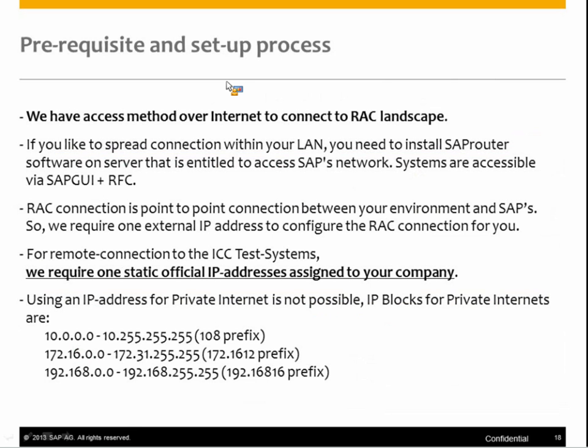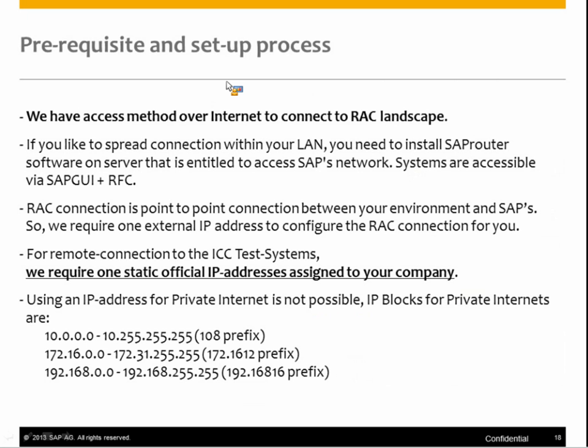So that means you will access the SAP RAC landscape directly from your network. For that, we need a static official IP address assigned to your company. It must be within a public range, not in the private IP blocks that are listed in the lower section.